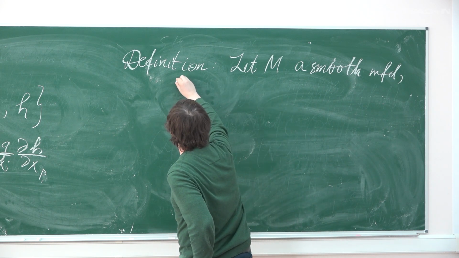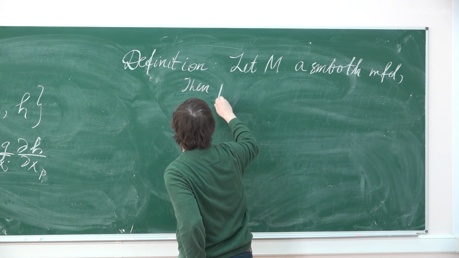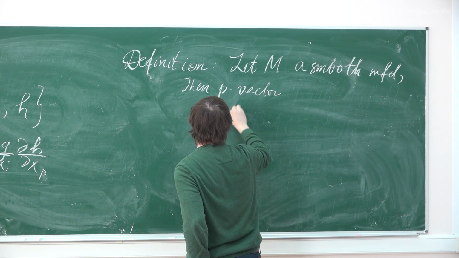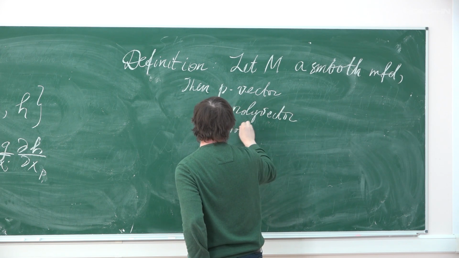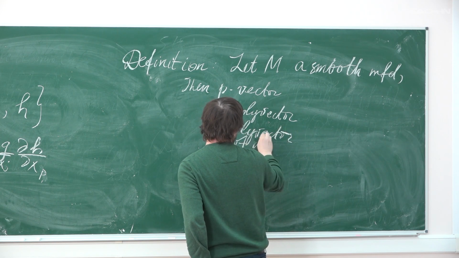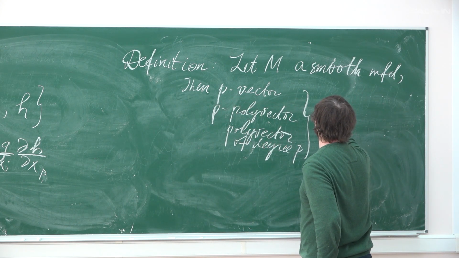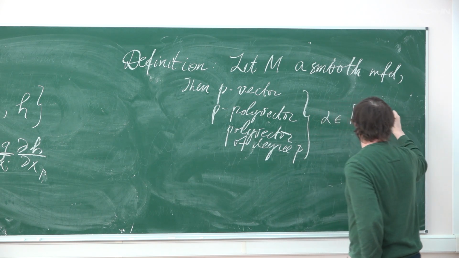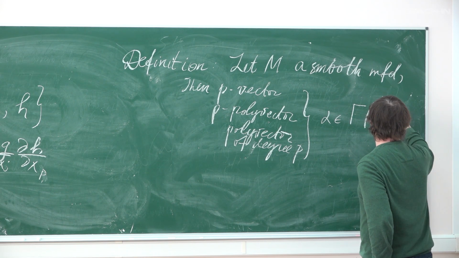Then polyvector fields of degree p are sections alpha of the pth exterior power of the tangent bundle of M.